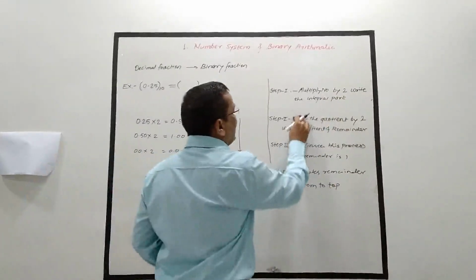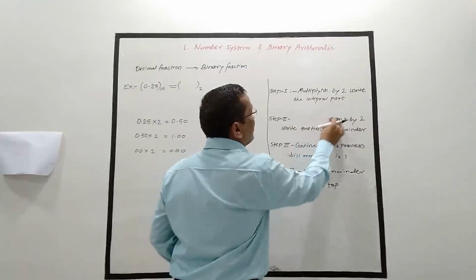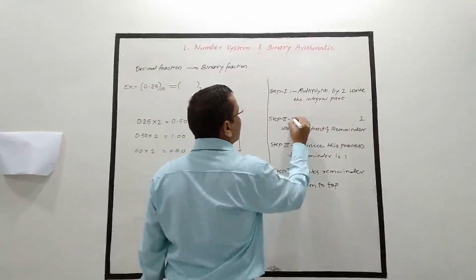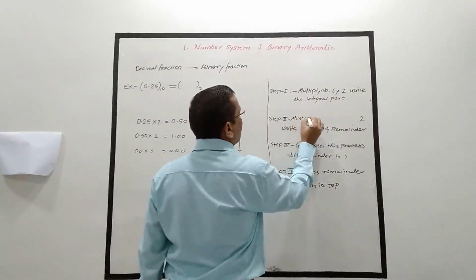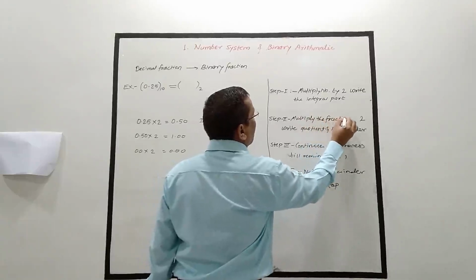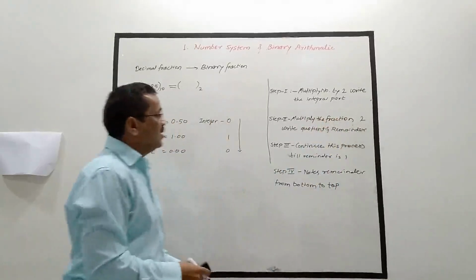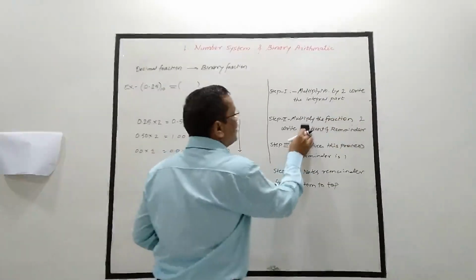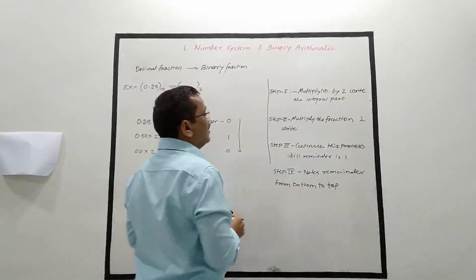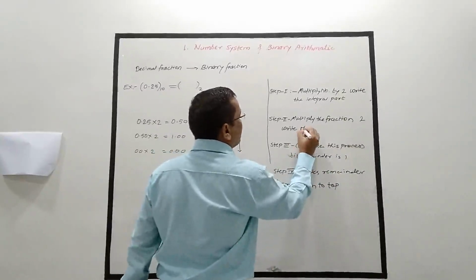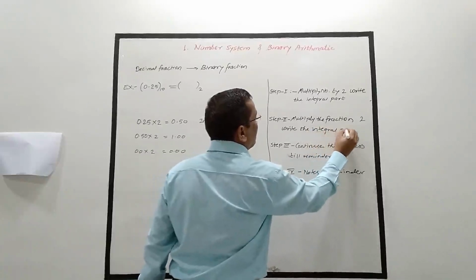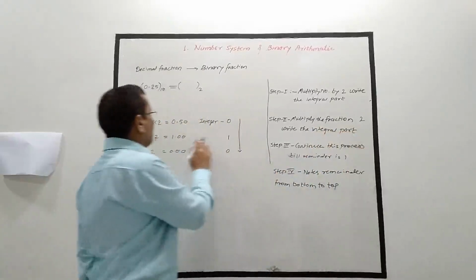Step 2: again multiply the fraction by 2. Again write the integer, or note the integral part.